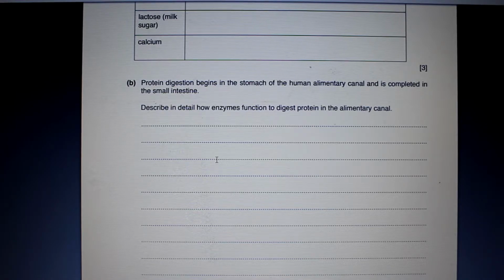It's also important to mention the lock and key mechanism, so you can refer to how the shape of enzymes and the shape of the substrates are complementary to one another. And then also the active site, which is the site where the substrate fits into the active site of the enzyme, and this forms our enzyme substrate complex.